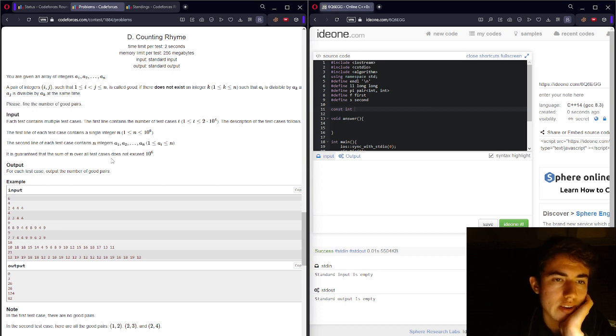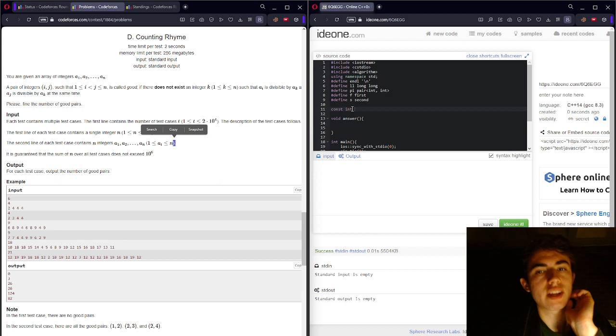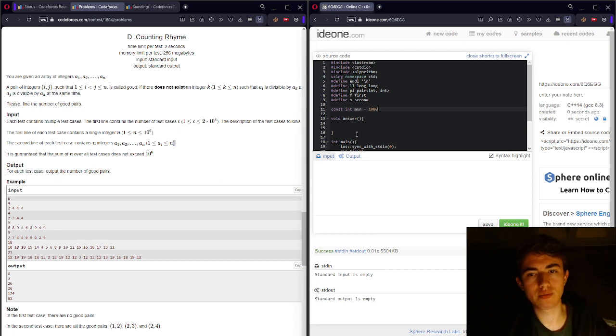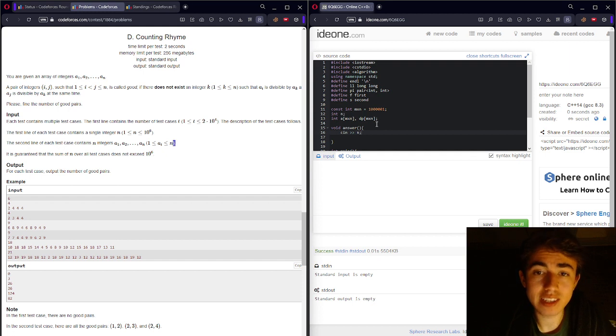The sum of n over all test cases does not exceed 10 to the 6. Oh, a of I is less than or equal to n. I'm so dumb. Okay, sure, yeah. So then max n equals n. Alright, so yeah. The max bound on a of I is n, which is why this works.